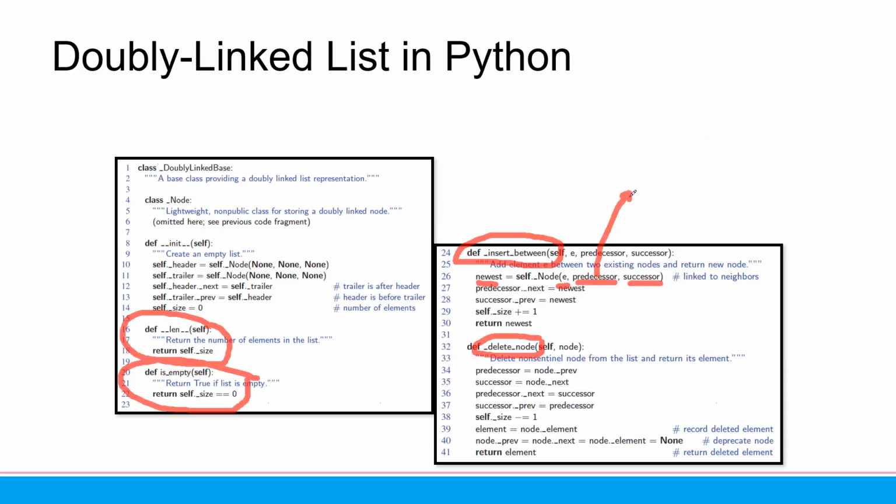This refers to the previous, and this refers to the next. So the predecessor.next equals the newest, and the successor.previous equals the newest. And then the size will be increased by 1 and return the newest.